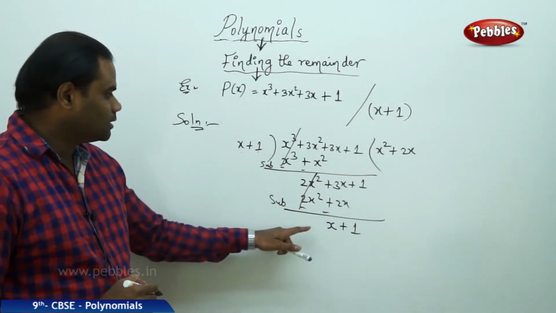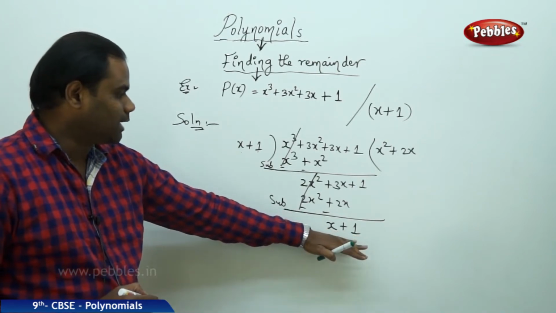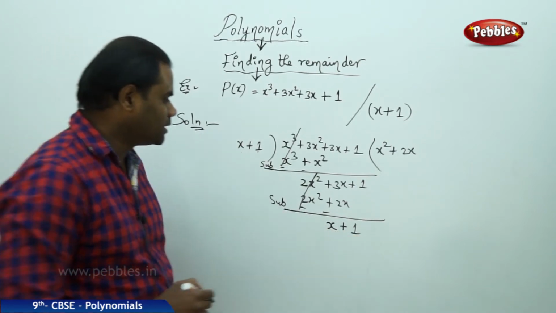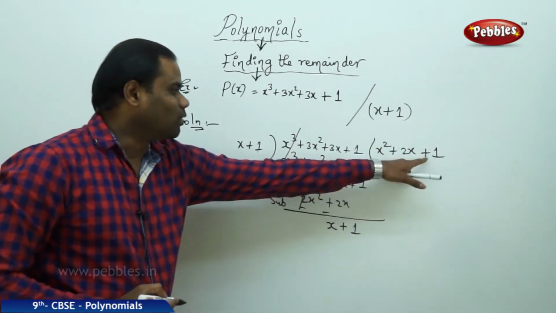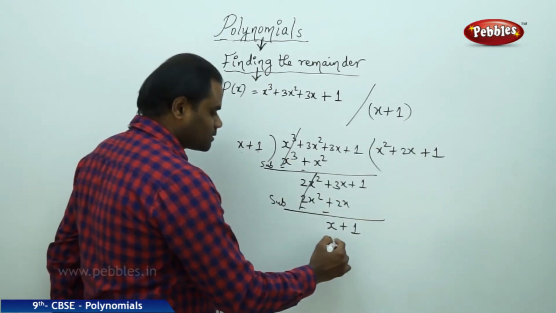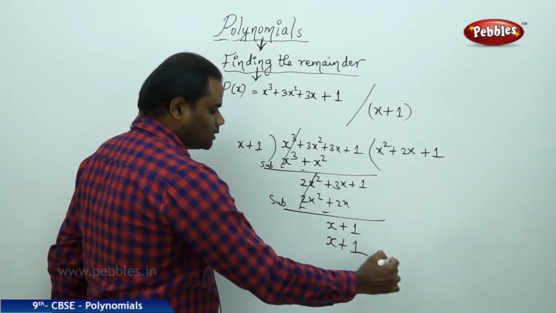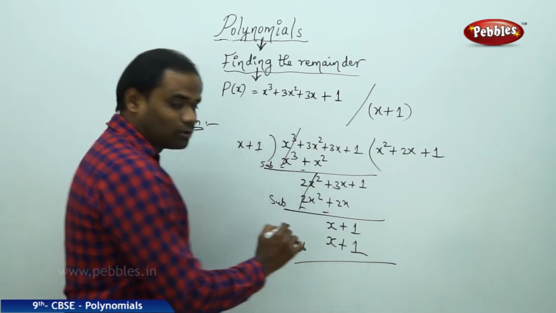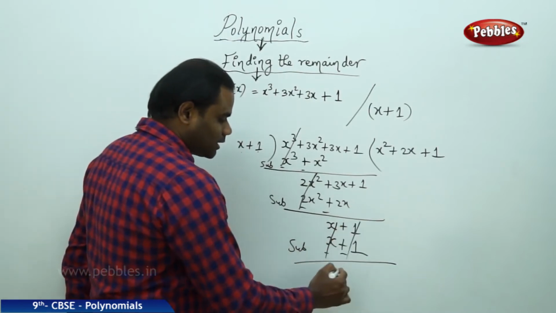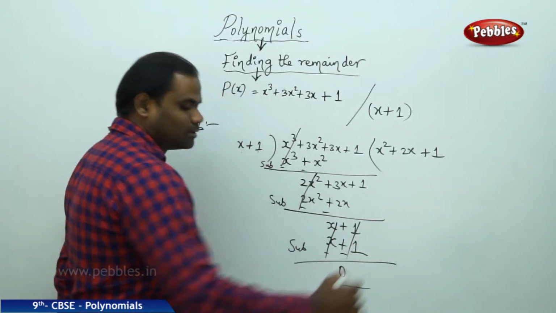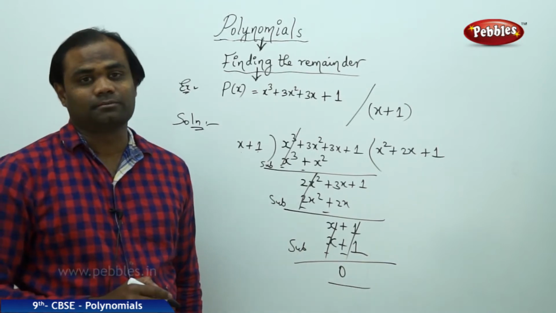Finally, this is the term where I end up because I don't have any other term. I take plus 1, so that 1 times x is x and 1 times 1 is 1, which on further subtraction gives me the change of signs and then cancels to give me the final answer as 0.